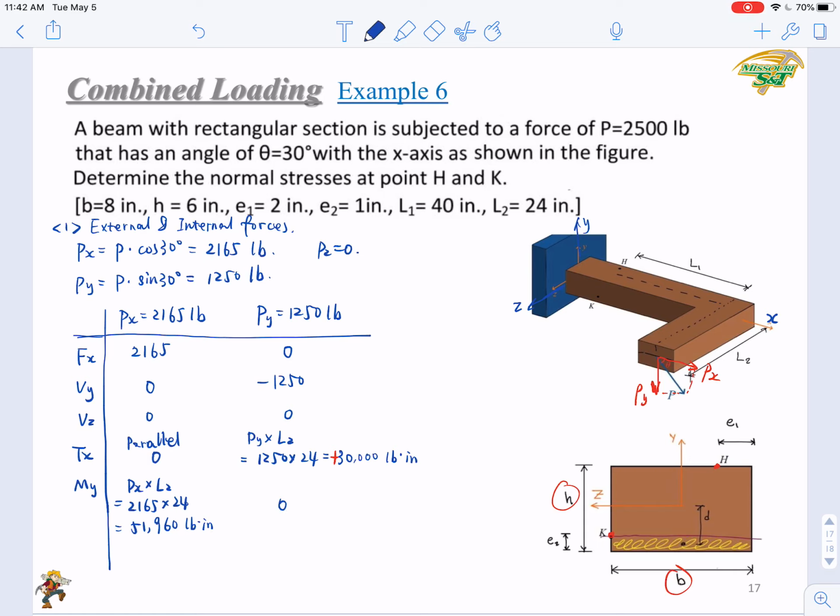Right? How about Mz? Do we need to examine the Mz induced by this Px or Py?